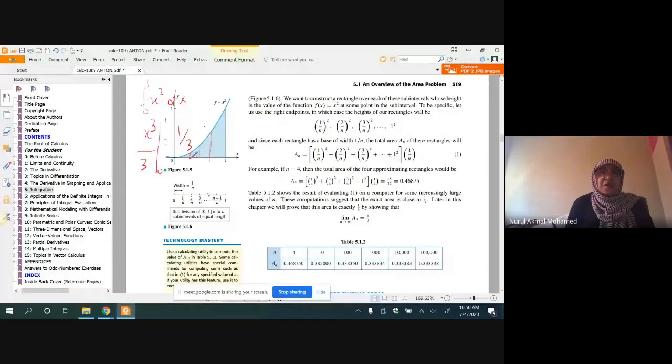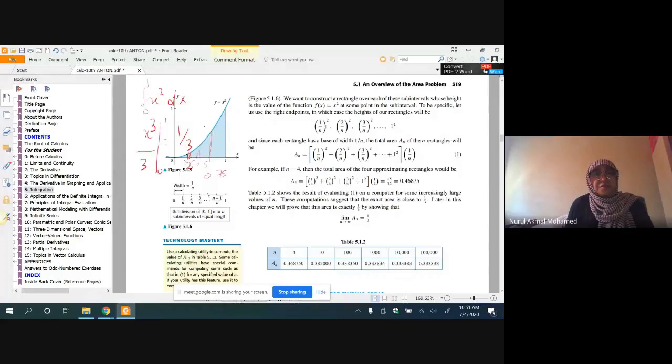For the first coordinates, the x coordinate here will be 0, here will be 0.25, here will be 0.5, and this one will be 0.75.